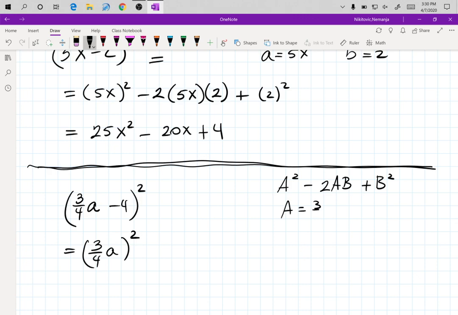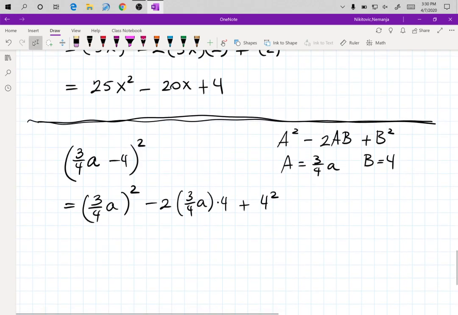Your a is 3/4 a, your b is 4. So here's your a squared minus 2 times a, 3/4 little a, times b, which is 4, plus 4 squared.